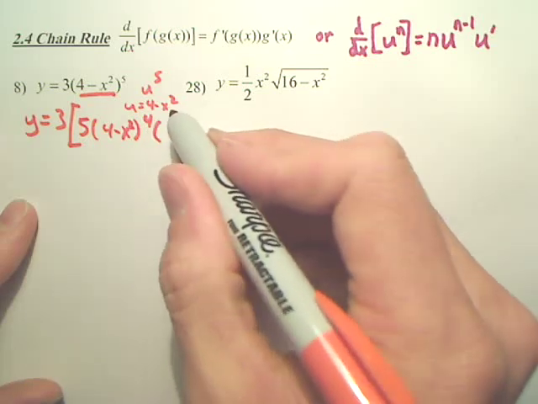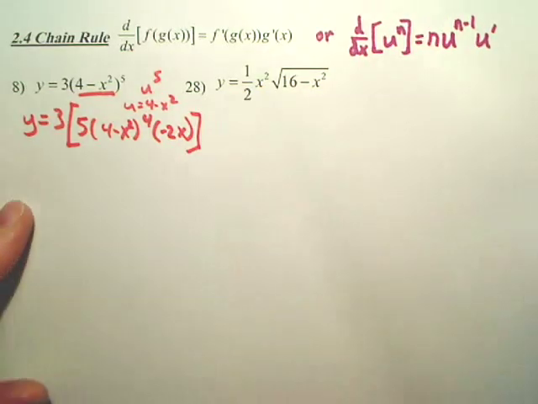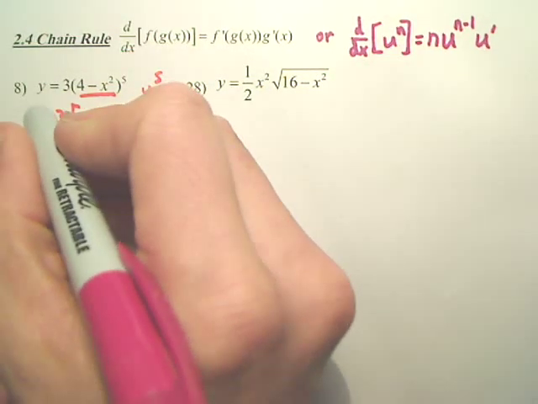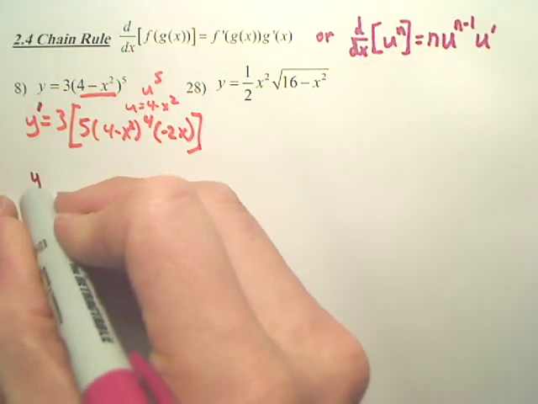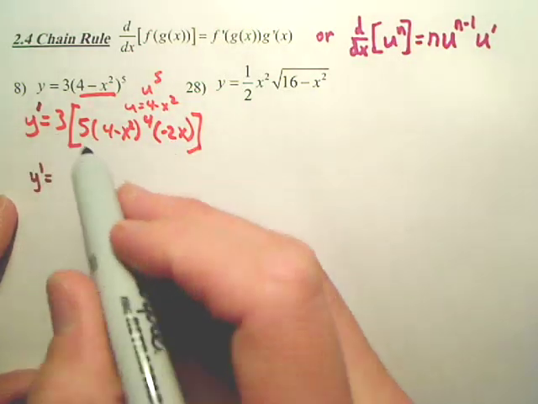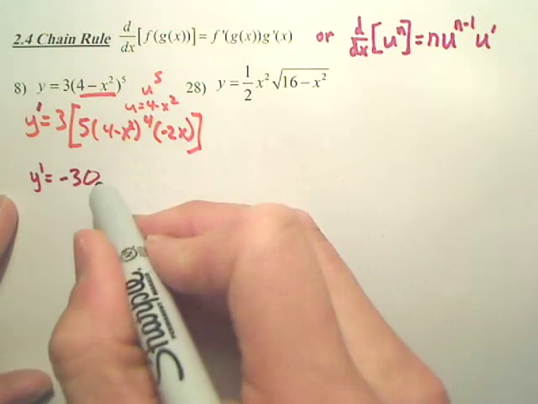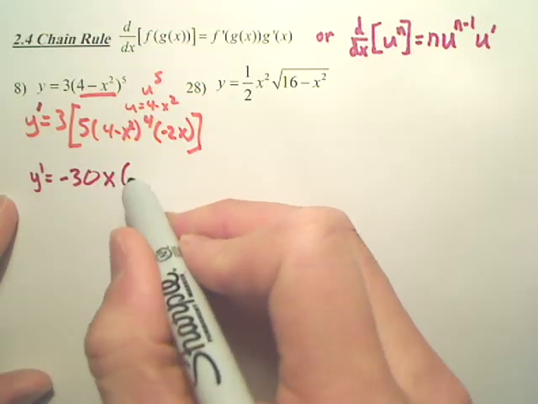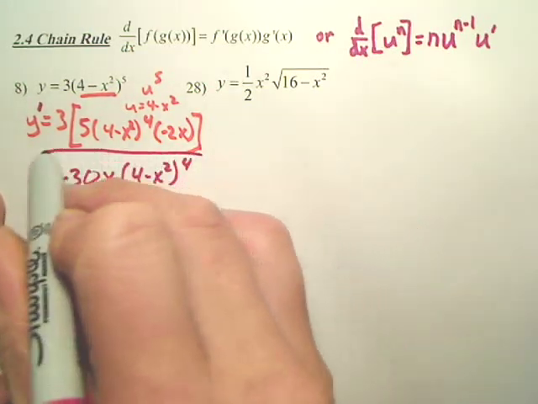The derivative of u, which is negative 2x. So, oops, that should be y prime. I'm sorry. So y prime, if we simplify all this, 3 times 5 times negative 2 gives us negative 30. I'm going to bring the x out front, and I have 4 minus x squared to the 4th.